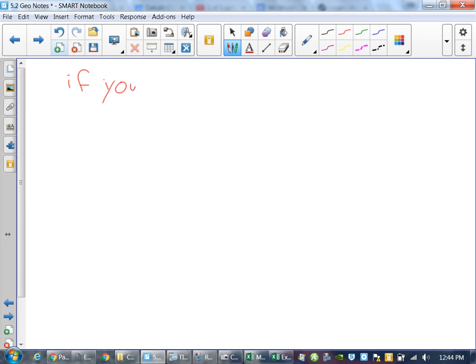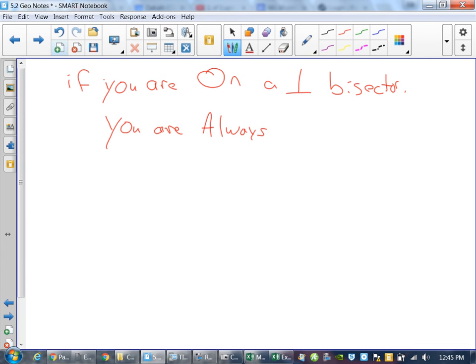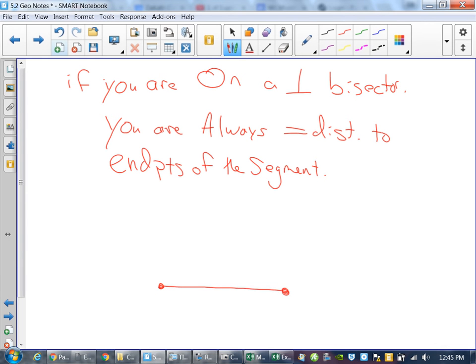If you're on a perpendicular bisector, you're always equidistant to the sides. Always.